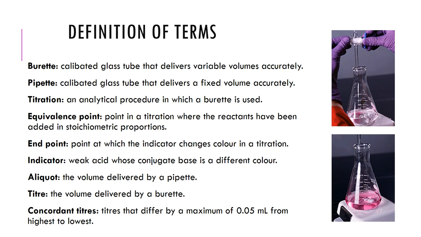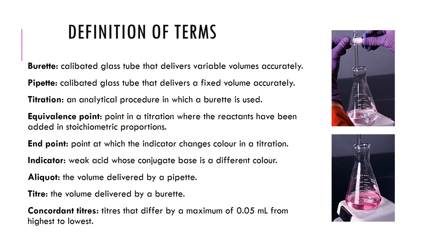One of the particular things that we need to do with a titration is make sure that we have concordant titers. Concordance basically means in agreement, and we will repeat a titration until we have a minimum of 3 concordant titers. Depending on the textbook, what is considered concordant changes.